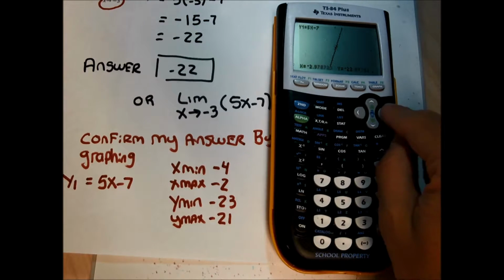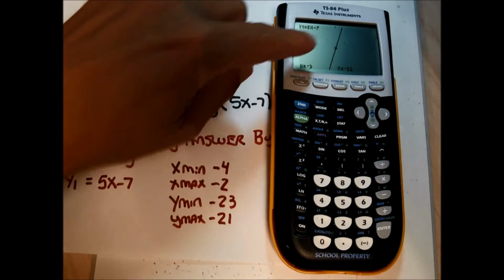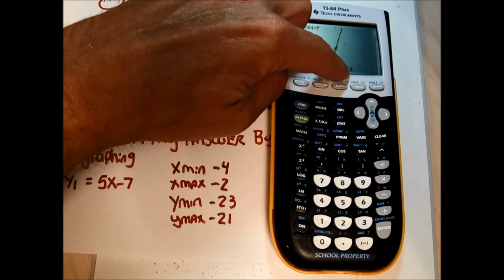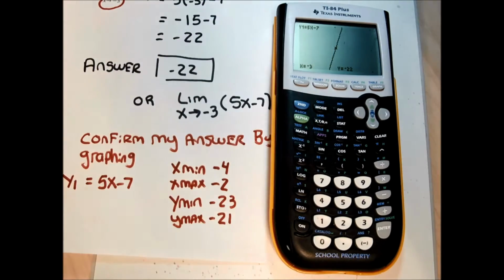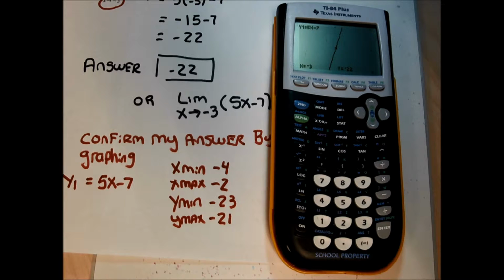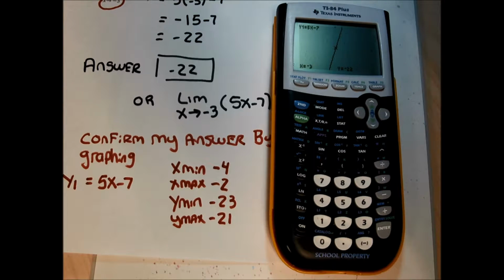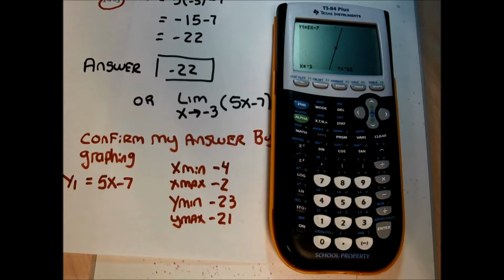I could trace using the left arrow or the right arrow, and here I could see that the limit exists. The left-hand limit is negative 22, the right-hand limit is negative 22. By that picture, and based on what we did in section 1.1, I can tell the limit is negative 22. Because the halves of the graph are connected, I can tell the limit exists, and it is that y value of negative 22. Hopefully that's good enough.